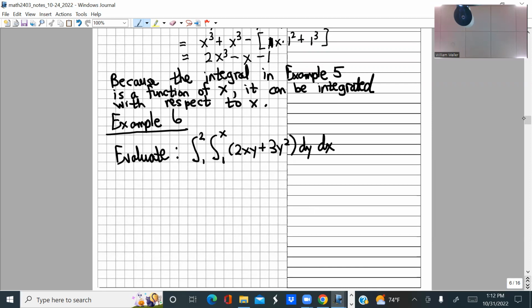And then when you do that, inside, so to speak, the definite integral, you get this, correct? You get 2x cubed minus x minus 1. Isn't that what we got?